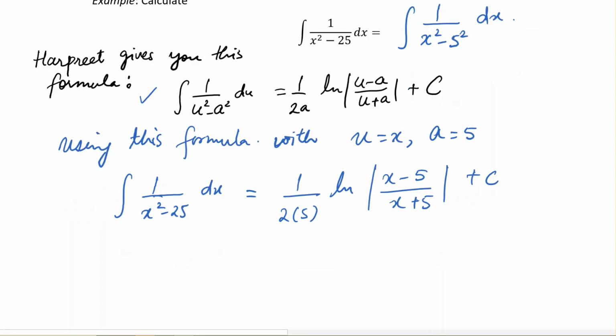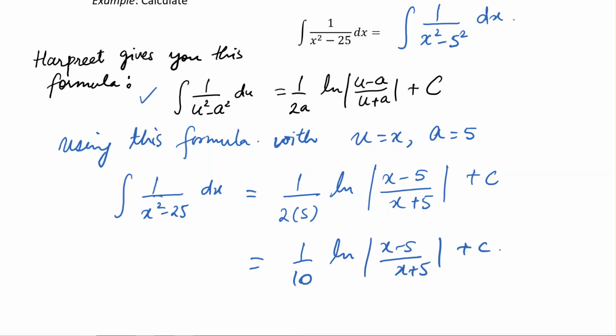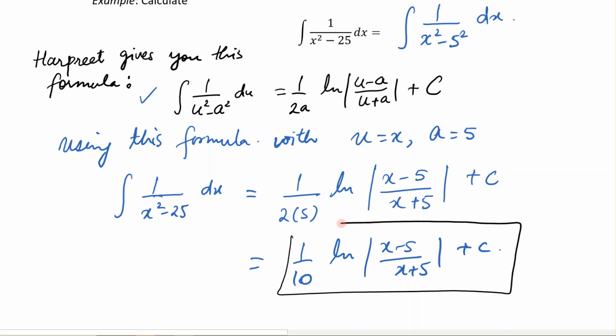Overall we get 1 over 10 ln of x minus 5 over x plus 5, plus c. So that is our solution in just one step, just by using the formula, just by looking at the table.